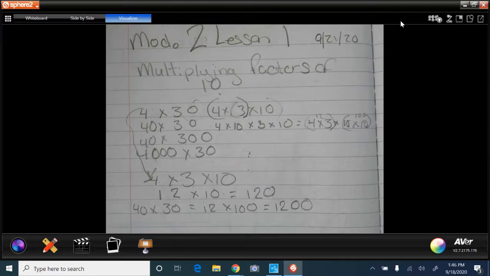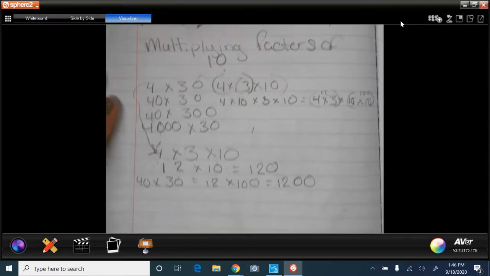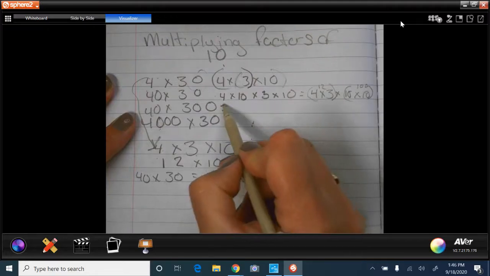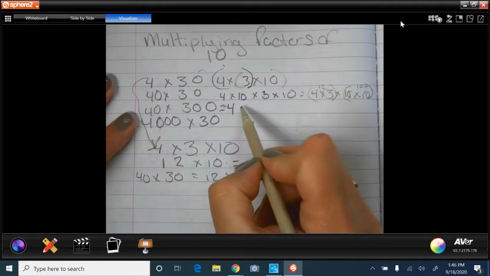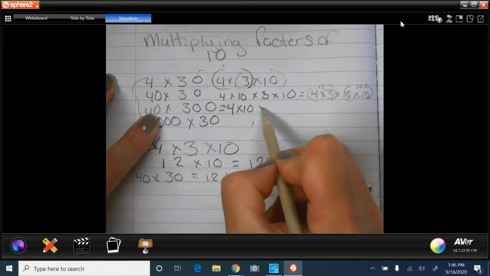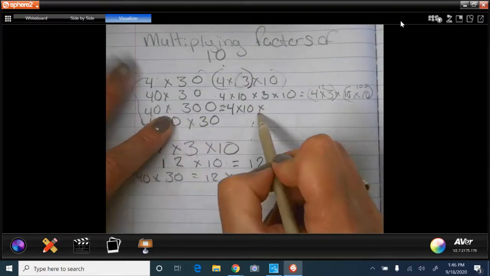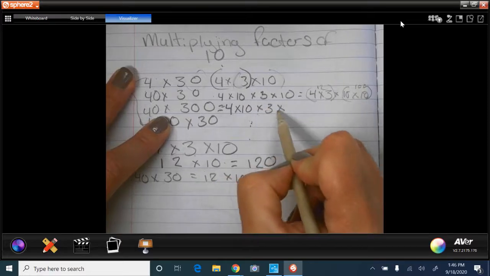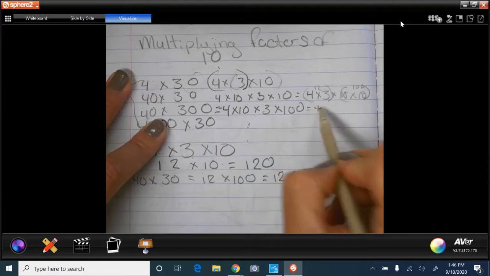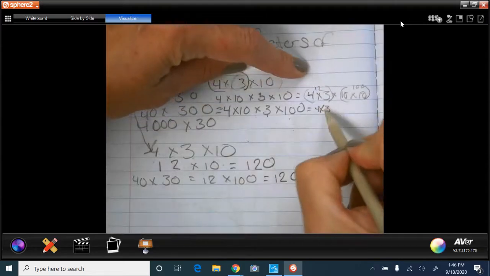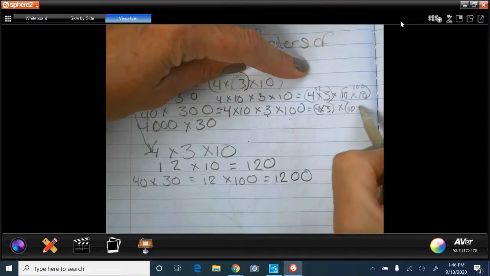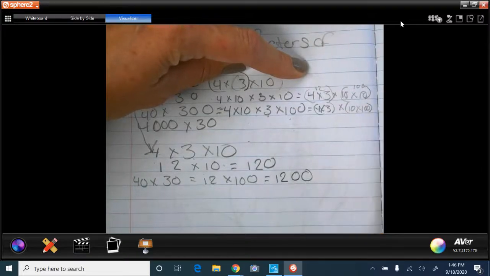If you start paying attention to the zeros, you'll see that there's even less math involved. So if I was looking at this one, if I were to break that up, that would be 4 times 10. That's what I broke my 40 into. Times, I just brought this times 3 times 100. And then I'm going to rewrite it to the easy ones. 4 times 3 times 10 times 100. And I have 2 easy ones.